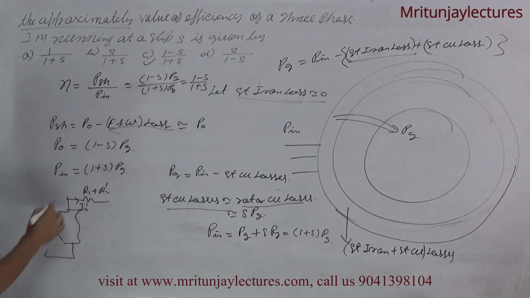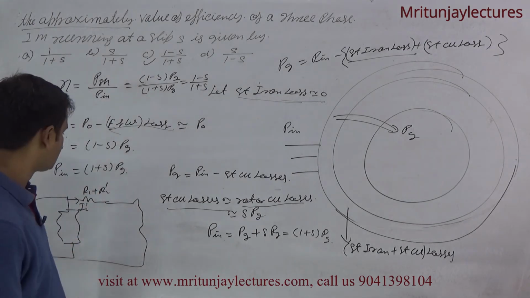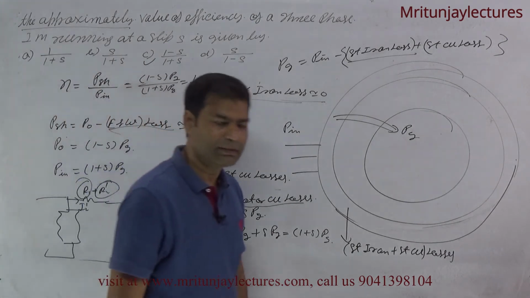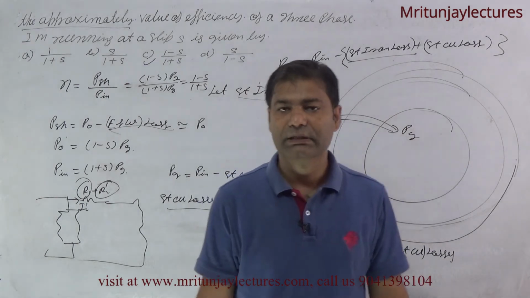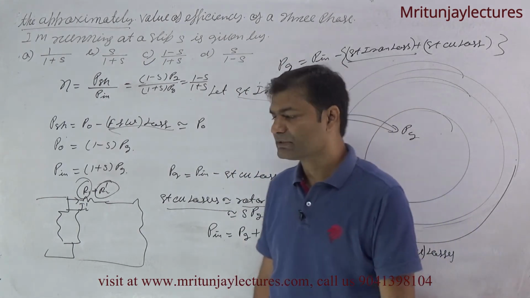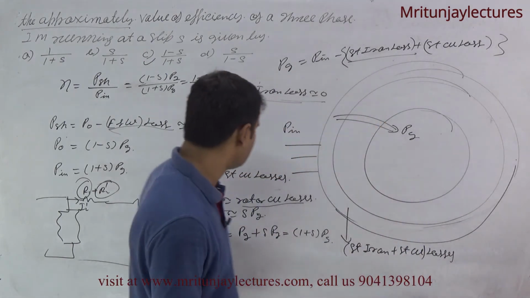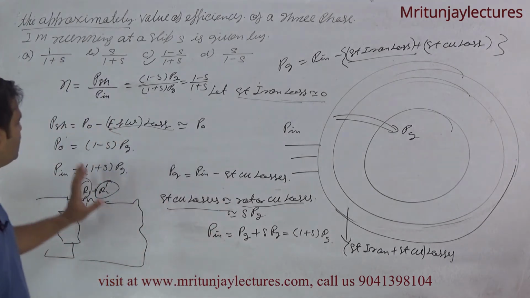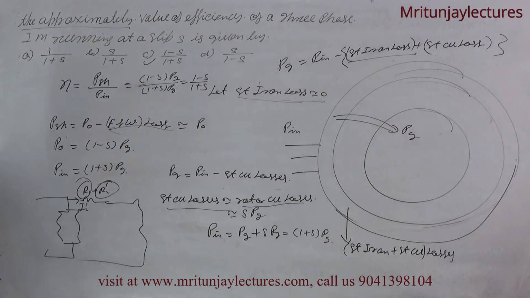So clear? Both losses are approximately the same, so the stator copper loss and rotor copper loss are the same practically. That's why we have taken it here. Finally we got efficiency (1 minus S) upon (1 plus S).